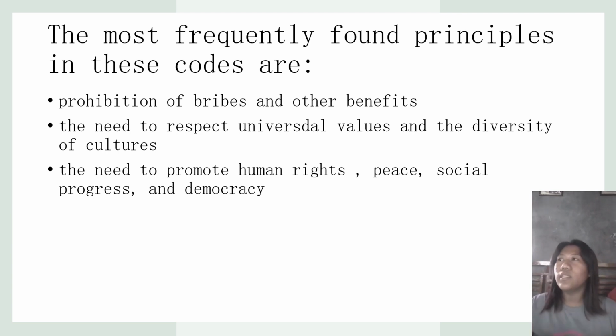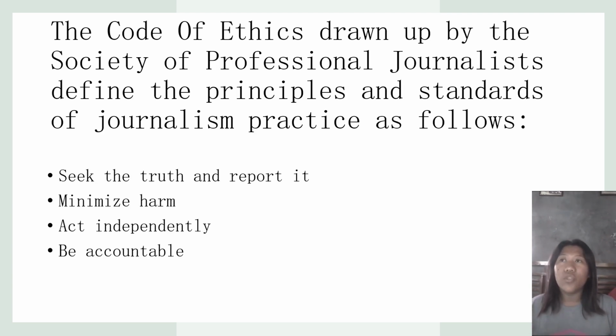Okay. So next is the code of ethics drawn up by the society and professional journalists define the principles and standards of journalism practice as follows. Okay, so number 1 is seek the truth and report it. So, journalists should be honest, fair, and courageous in gathering, reporting, and interpreting information. Next is minimize harm.